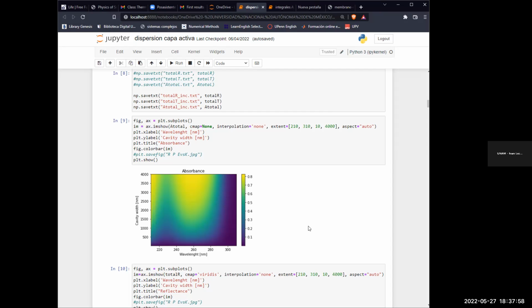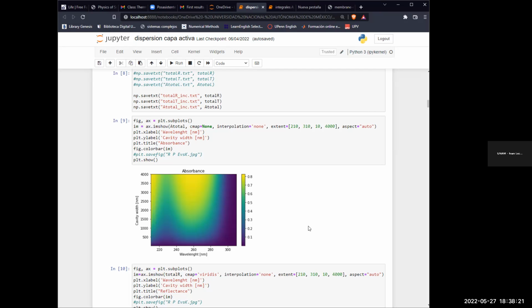And that's the thing that we are looking for, because this is telling us that the membrane actually allows the light to stay inside the cavity, and then the DNA can absorb even more light.